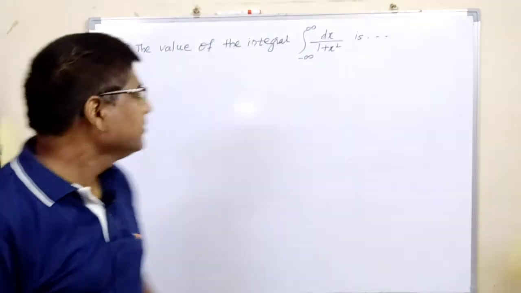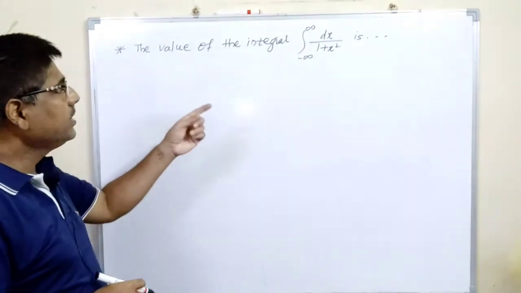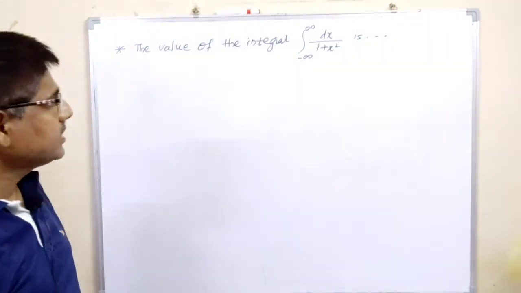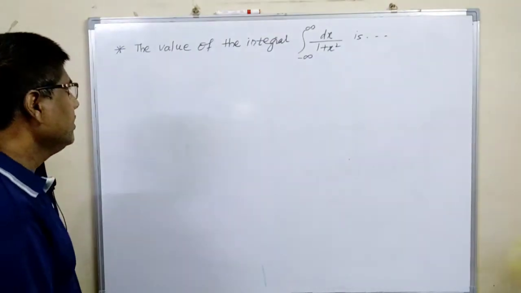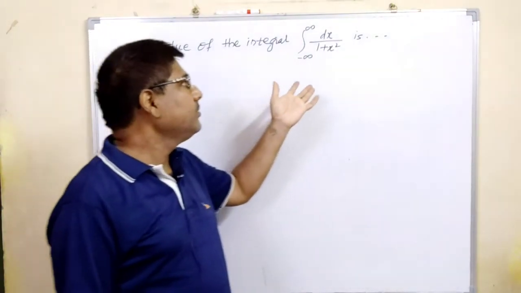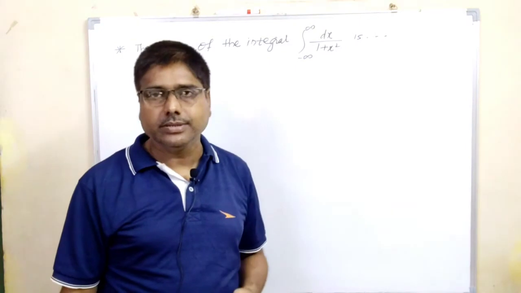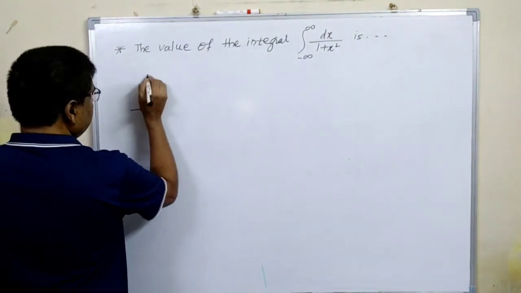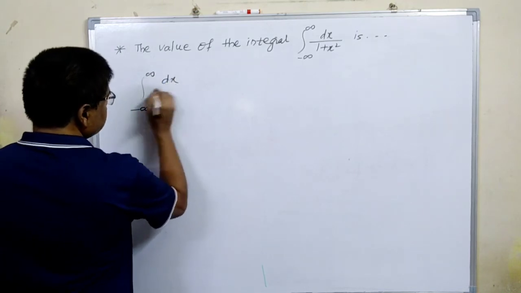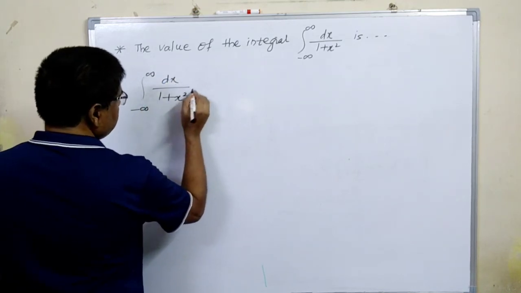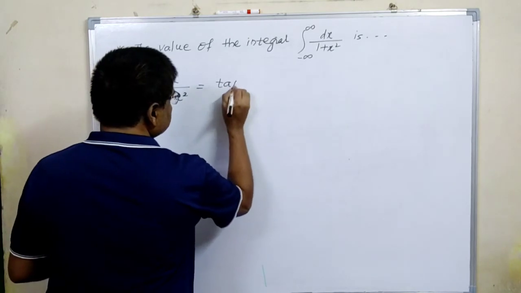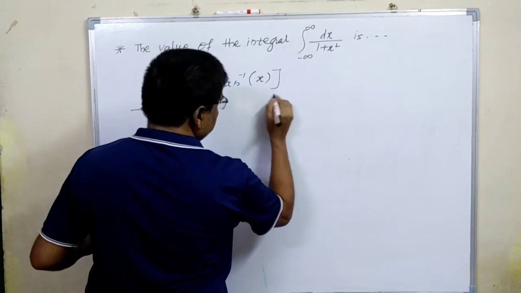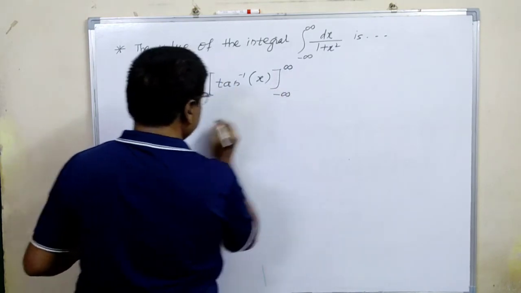Next problem: the value of the integral from minus infinity to plus infinity of dx upon 1 plus x square is. Very simple problem. As we know, the integral of 1 upon 1 plus x square is tan inverse x. The limits are minus infinity to plus infinity.